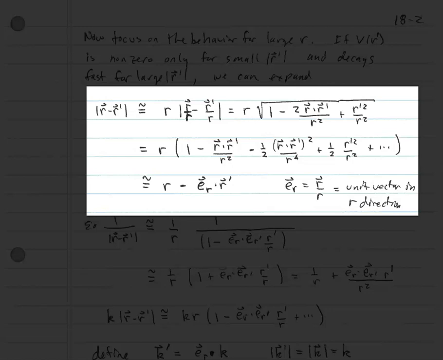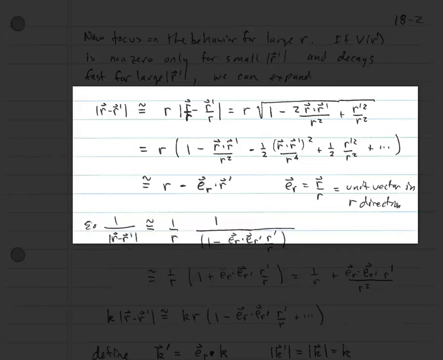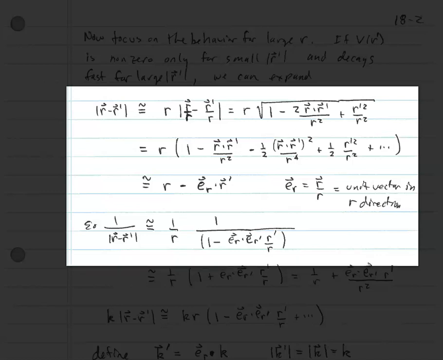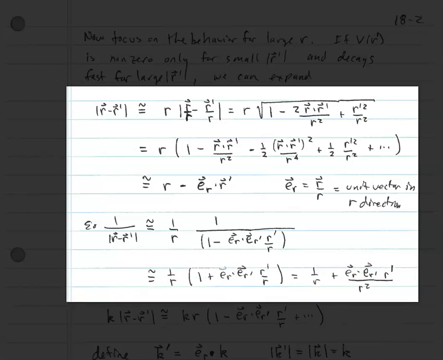All right. Now we can take this and expand 1 over |r − r'|. We're going to write that as 1 over r times 1 over 1 minus e_r·e_r' r'/r. Remember, r'/r is going to be small, so we can expand that as a geometric series. We're only going to take the lowest order term. That simply changes the minus sign on the bottom to a plus sign on the top.